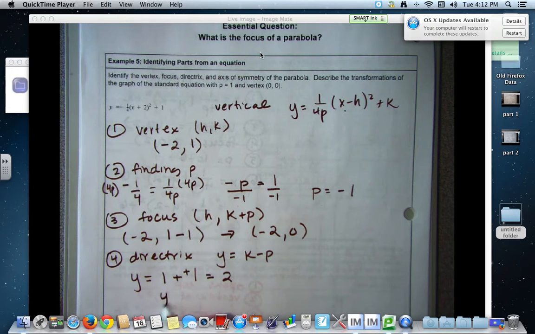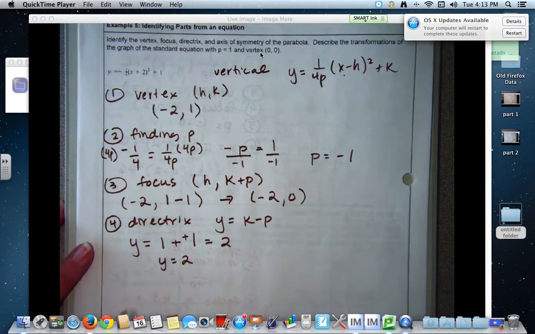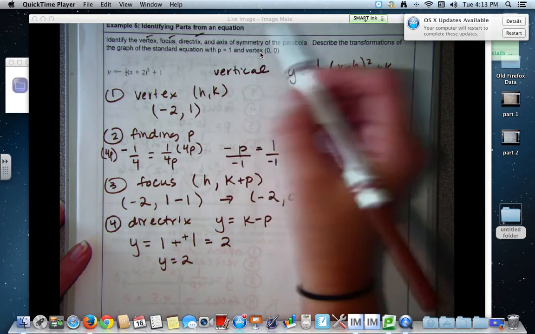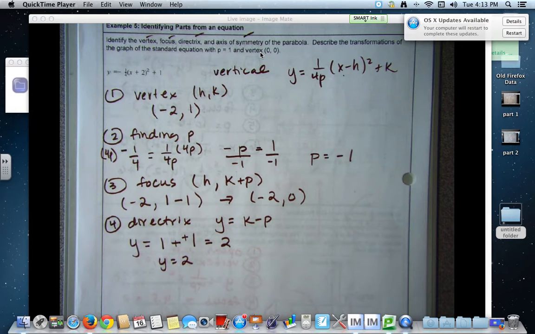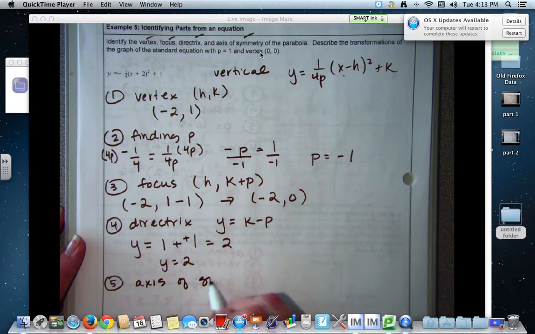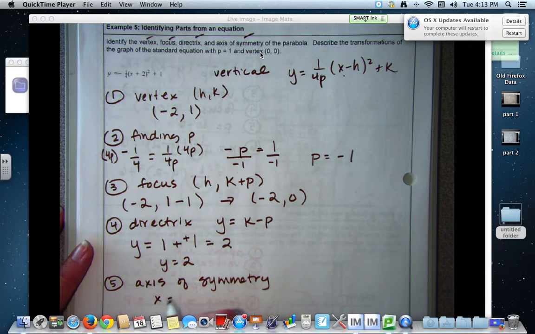So our directrix is y equals 2. The other thing that we're supposed to find, let's see, we found the vertex, the focus, the directrix, axis of symmetry. So when we graph this, we would find that our axis of symmetry is x equals -2.